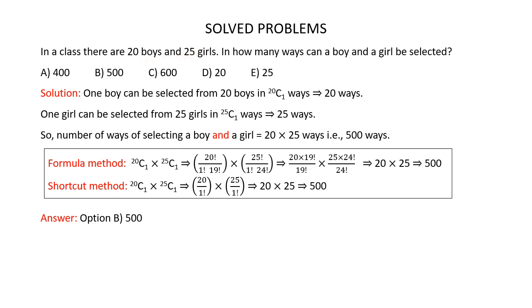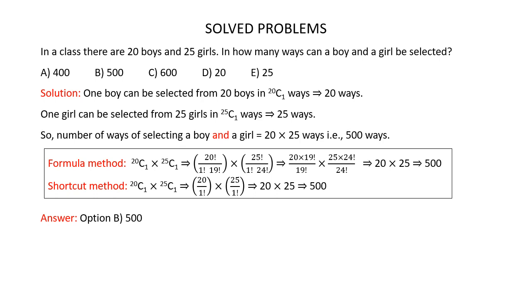So one boy can be selected from 20 boys in 20C1 ways, which is 20 ways. One girl can be selected from 25 girls in 25C1 ways, which is 25 ways. So the number of ways of selecting one boy and one girl is 20 multiplied by 25, which is 500 ways.